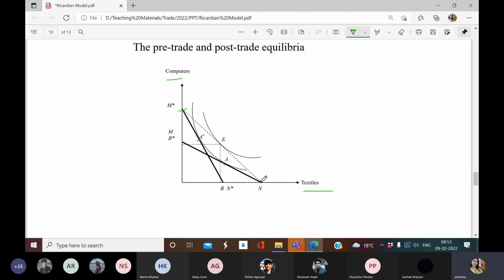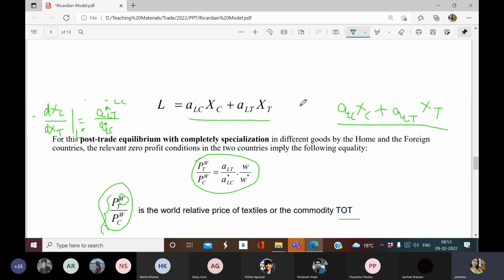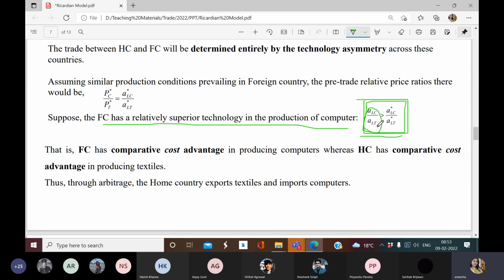If you go back to the assumption of comparative advantage that we made, when trade opens up, in the foreign country the price of textile is greater. So the home producers of textile are encouraged to produce more textile.